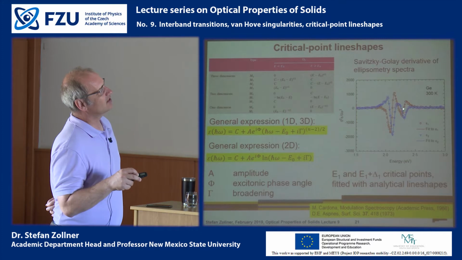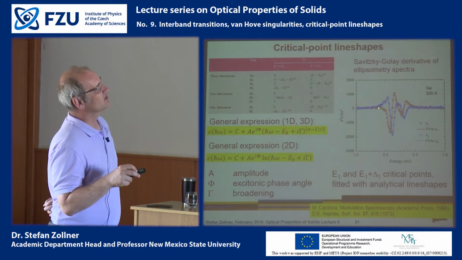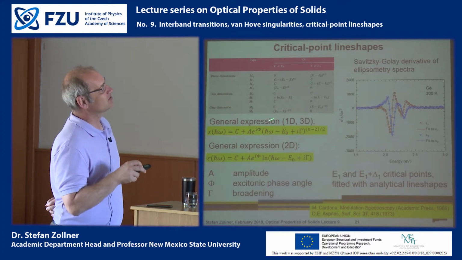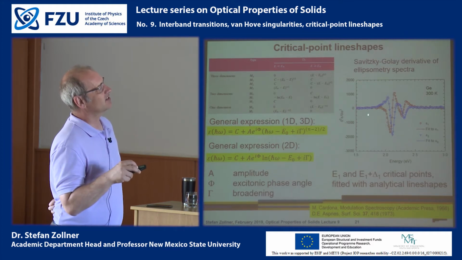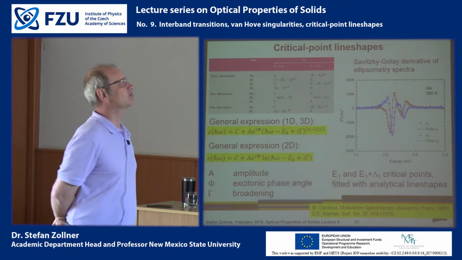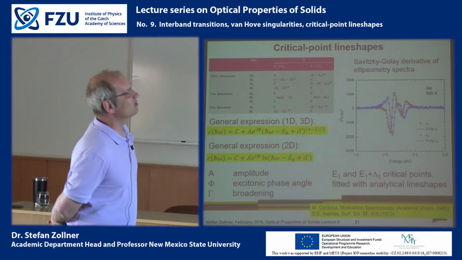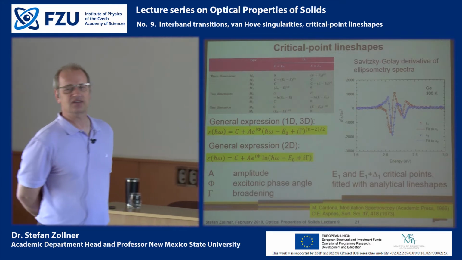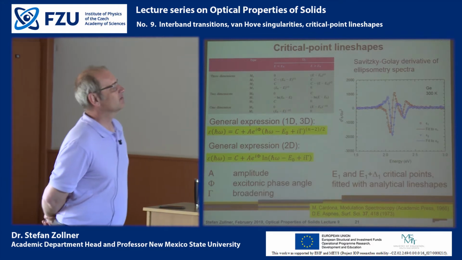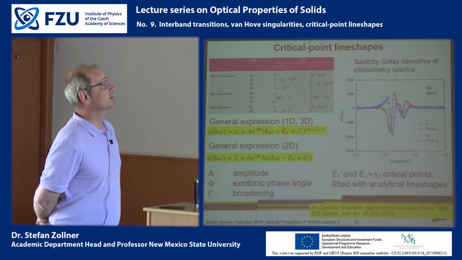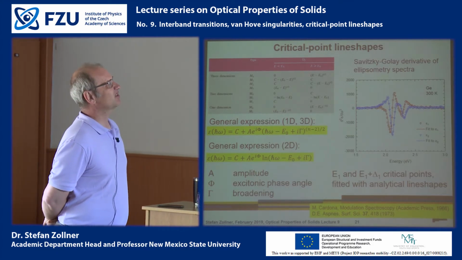And here the solid lines are the second derivative of the general expressions of the analytical line shapes, and the dots are the data points. So you see there's actually a very good agreement between the model and between the analytical line shape and the experimental data.